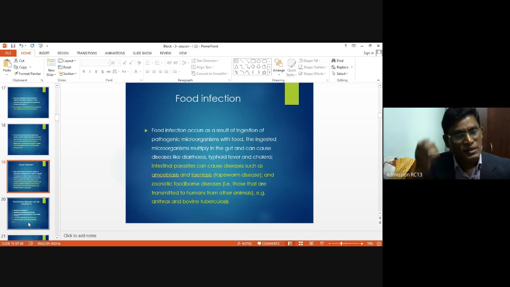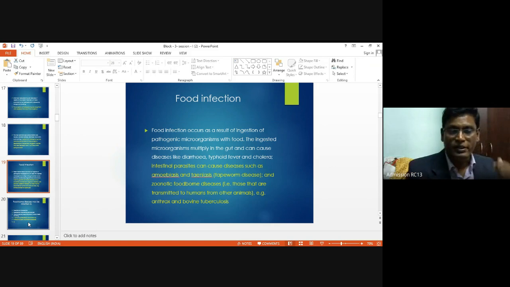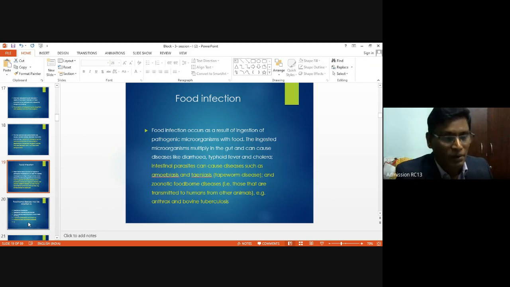These are some examples of diseases which can create a health problem after contaminated food reaches the individual. Intestinal parasites can cause diseases such as amoebiasis and taeniasis.